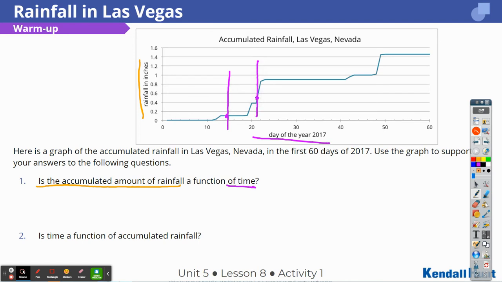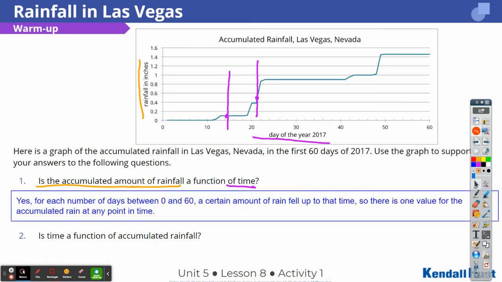It's only going to touch the vertical line once. So this is a function because for each number of days between 0 and 60, there's one specific amount of rainfall at that time. So there's only one value for each amount of time that we're shown.